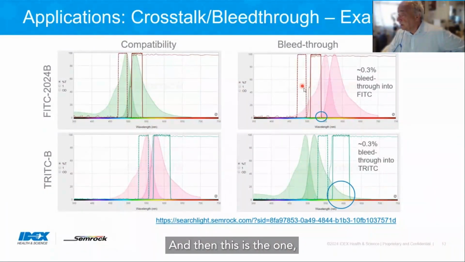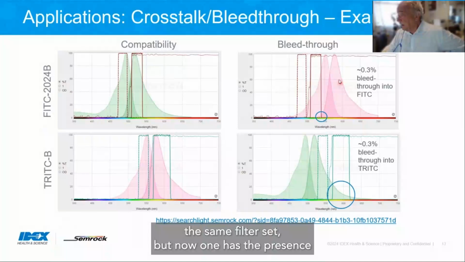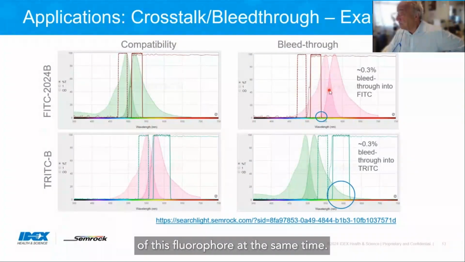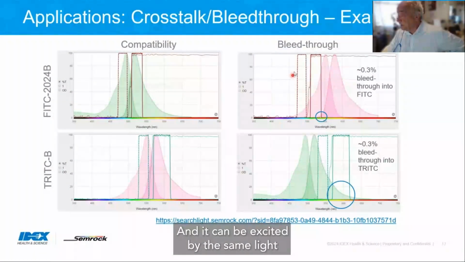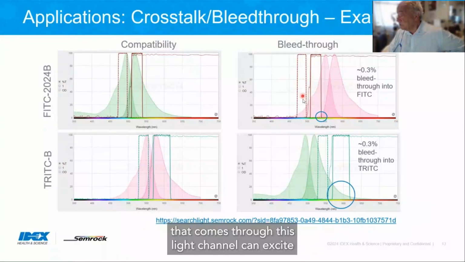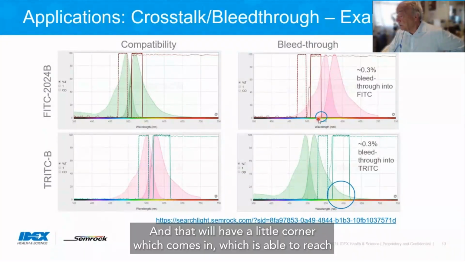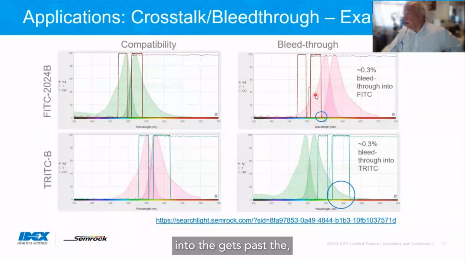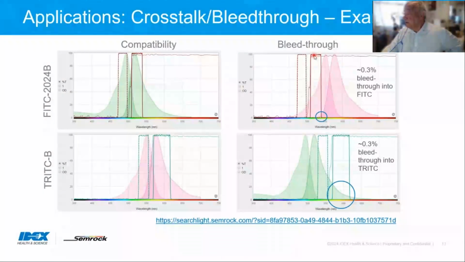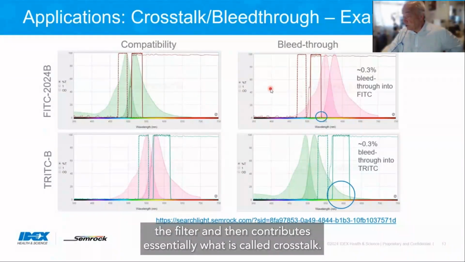Then this is the same filter set, but now one has the presence of this fluorophore at the same time. It can be excited by the same light that comes through this light channel, exciting this pink excitation area, and the emission will then follow, and that will have a little corner which gets past the filter and contributes what is called crosstalk.